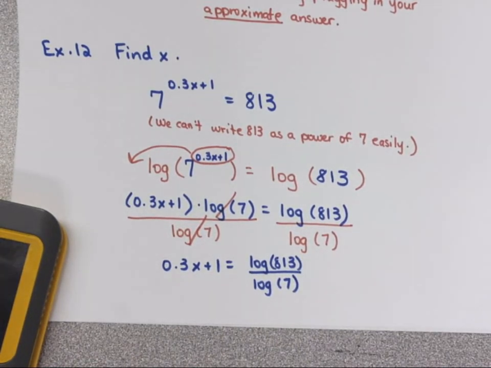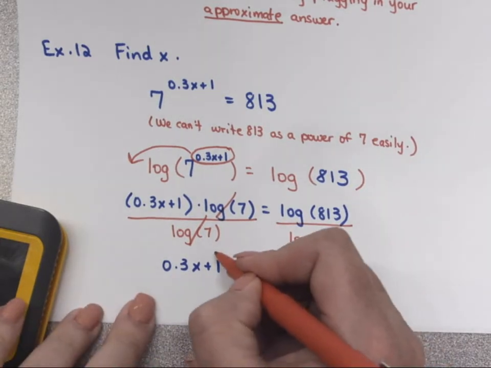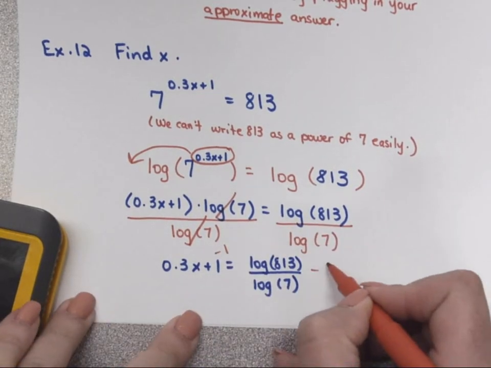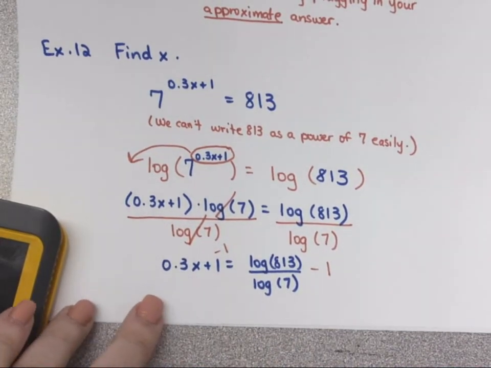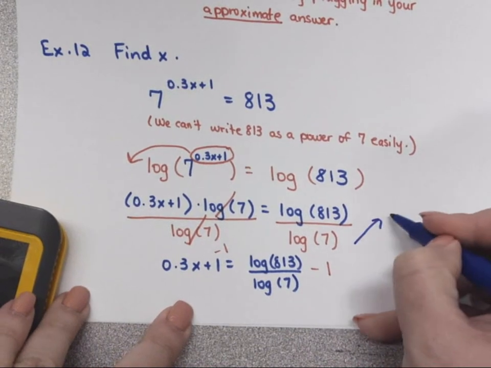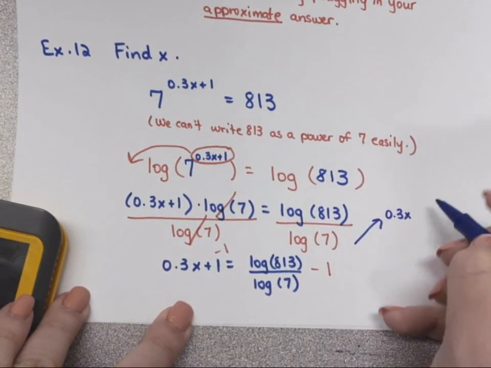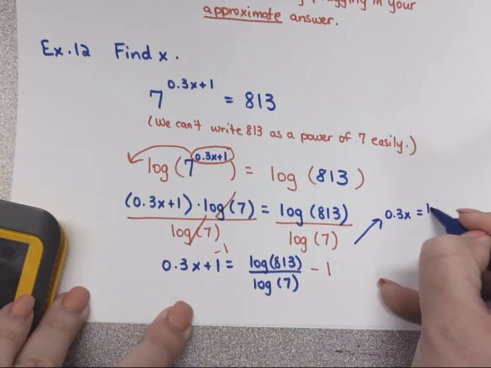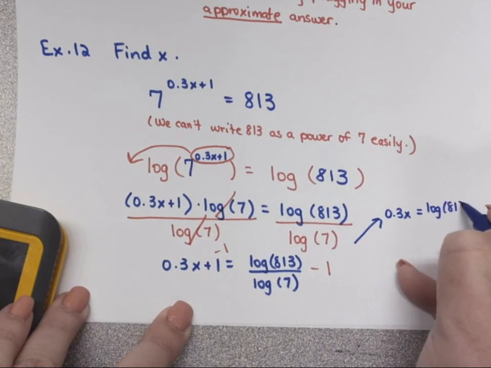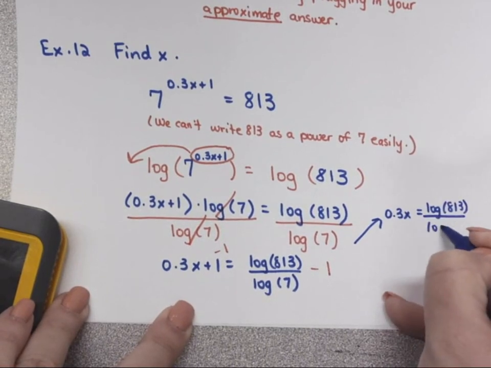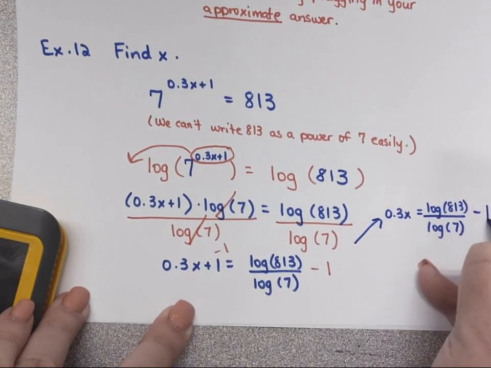So now what if I want x all alone? Focus on the left side. Don't really care about what we have on the right side, right? We'll worry about that in a minute. So what do I get rid of next? The 1. So plus 1, I get rid of it by subtracting 1. Okay. So up here, I've got 0.3x equals the log of 813 divided by the log of 7 minus 1.